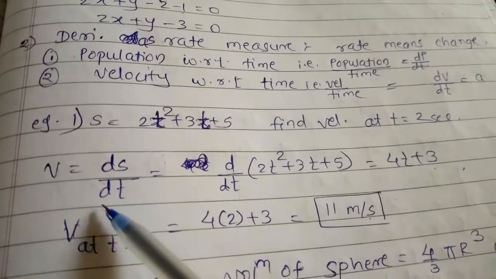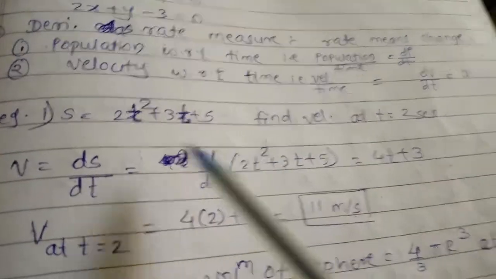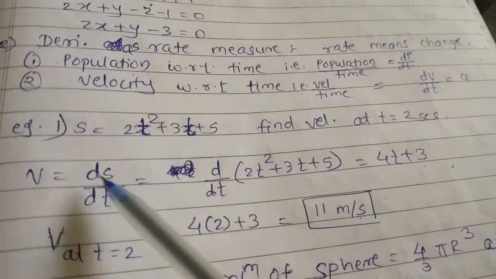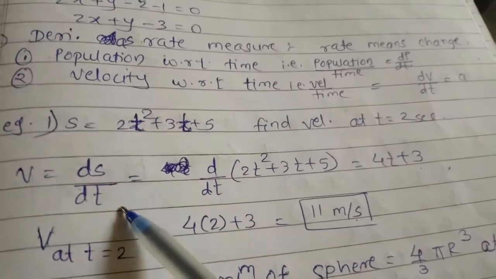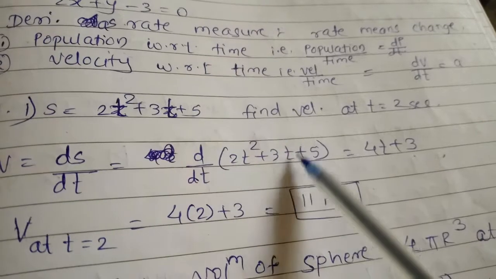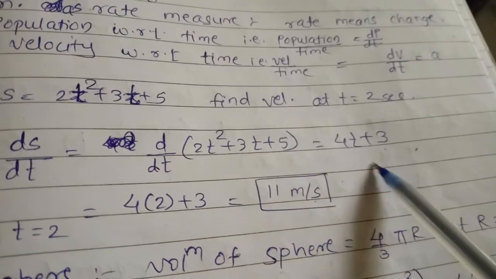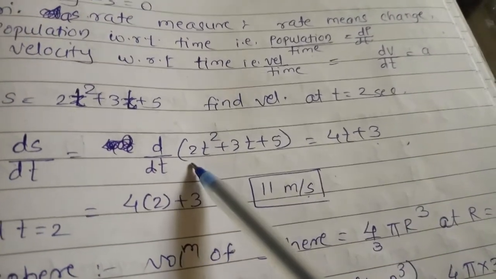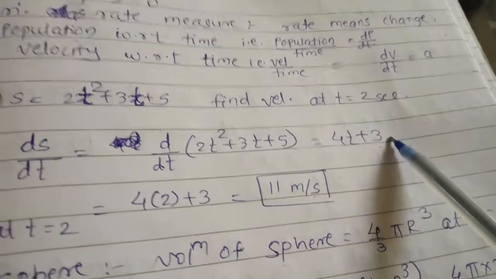So d by dt of s मतलब हमें ये डिस्प्लेसमेंट जो है उसका डेरिवेटिव लेना है with respect to t. So 2t square हमें दिया है जो इक्वेशन 3t plus 5. So the derivative is 2 into 2, so 4t plus 3.